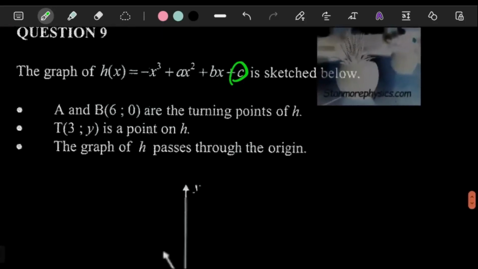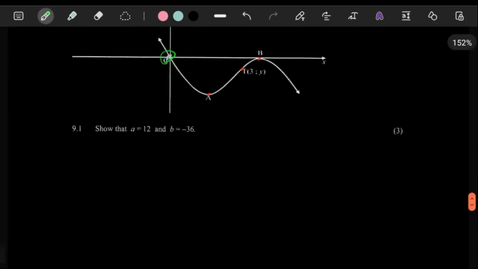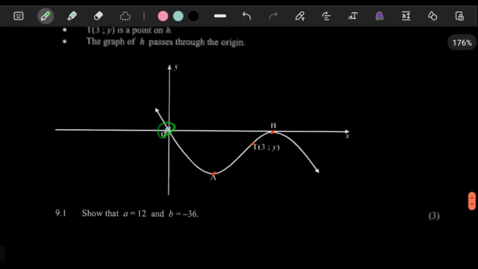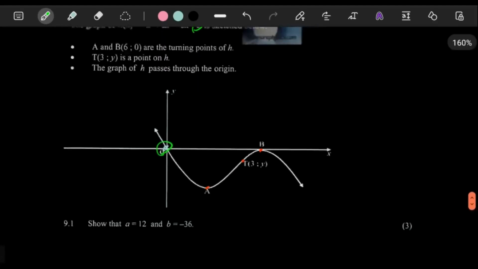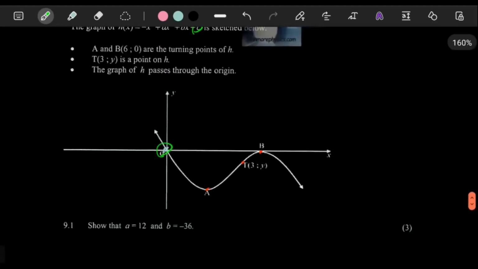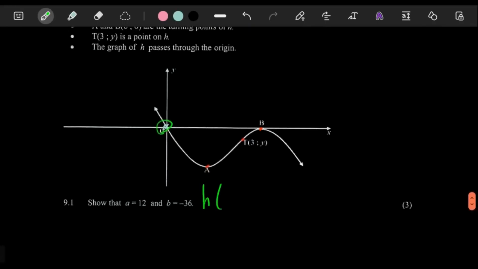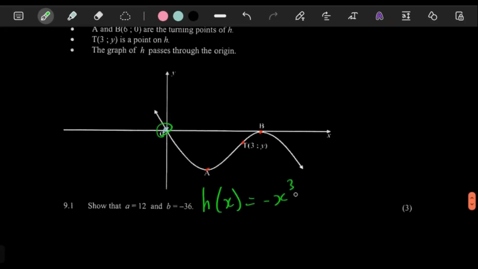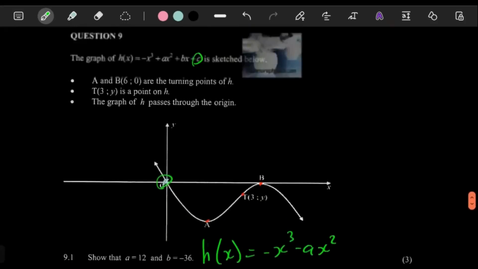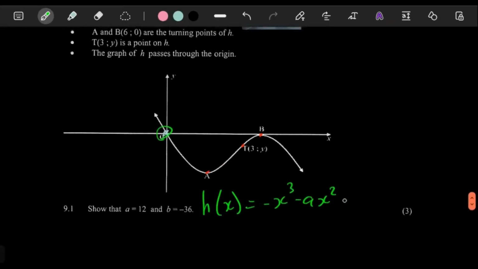Getting A and B, we can work it out simultaneously since there are two variables. This is an equation of h. So we can say h of x, its equation. Well, it starts by going down. So negative x cubed, and then minus Ax squared, and then plus Bx, plus C.